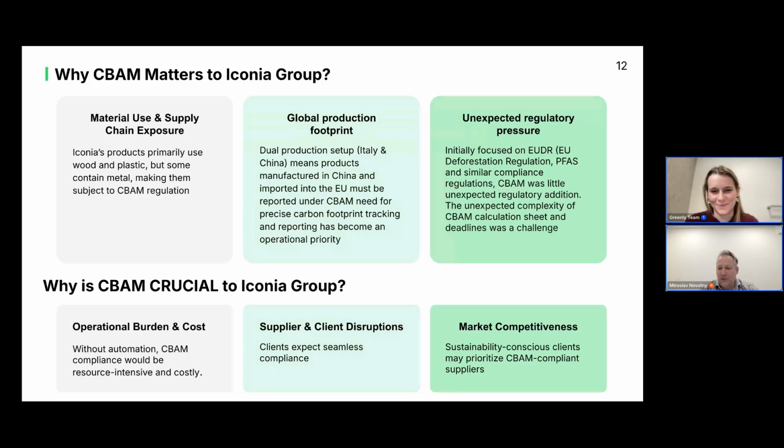So we tried for 1 week to handle the CBAM calculation sheet, then we didn't give up, but we went back to Greenly and made a smooth agreement that Greenly did the first CBAM calculation sheet for us. And while we were waiting for data, we were already preparing for the next quarter.